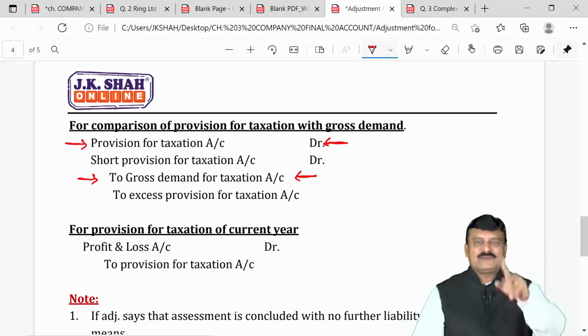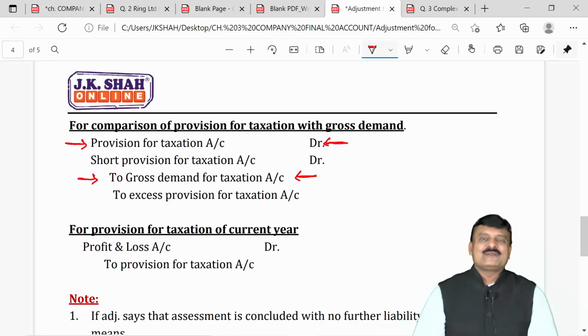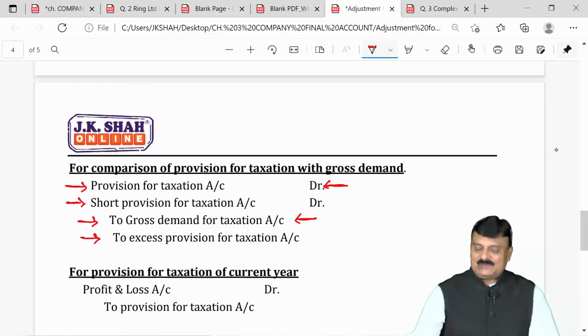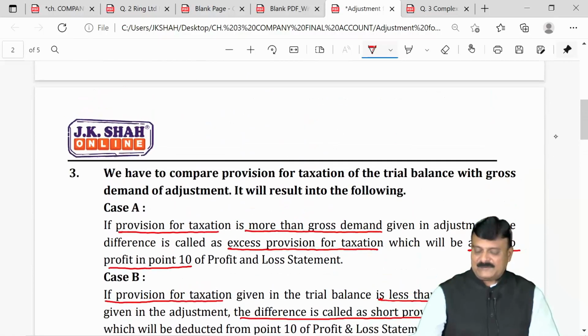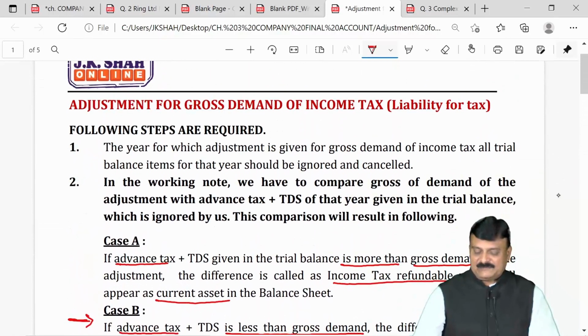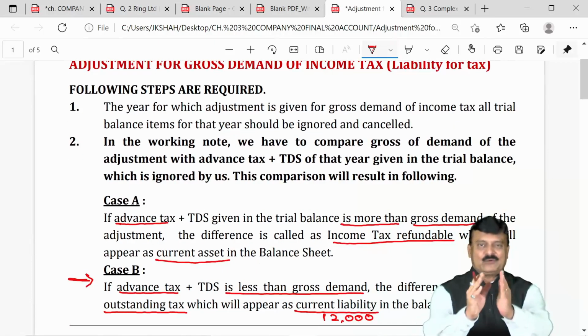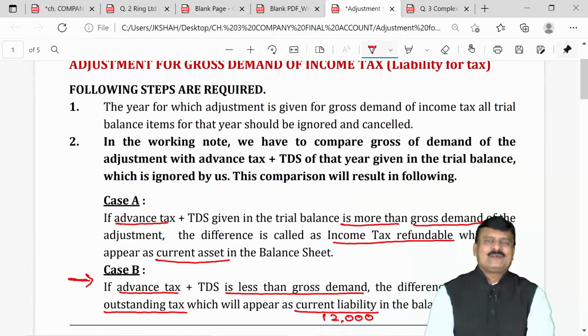When we compare with provision for taxation, the result is either excess provision or short provision. Excess provision will be credit, and short provision will be debit. Clear? So do remember these particular statements and comparisons done by you. Highly useful. And yes, this question has its own unique feature, totally different from all other questions. So do remember them carefully.